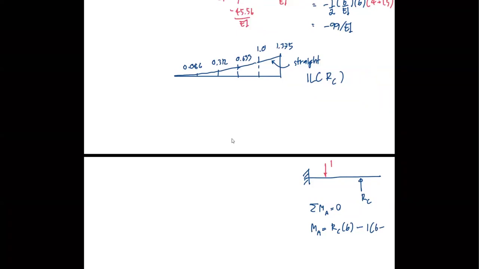Oh, sorry, we take moment at A, right? Excuse me. This is x. X is there. Okay, so doing that will give you the moment at A in no time. And you're going to have the influence line looking like this.